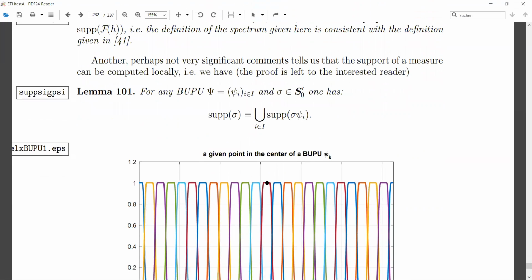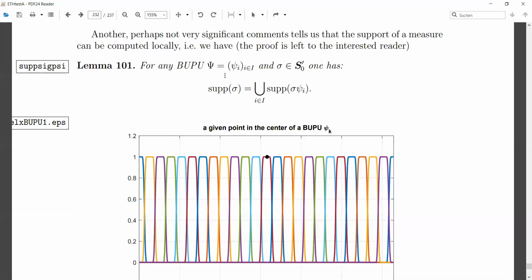I also think it's a nice observation to say if you decompose a sigma with the help of a partition of unity, any a 0 partition of unity, so maybe triangular function or so, you can say that the support is the union of these supports. And this is because normally you would expect a closure, but here you can say that they are living at different sets.